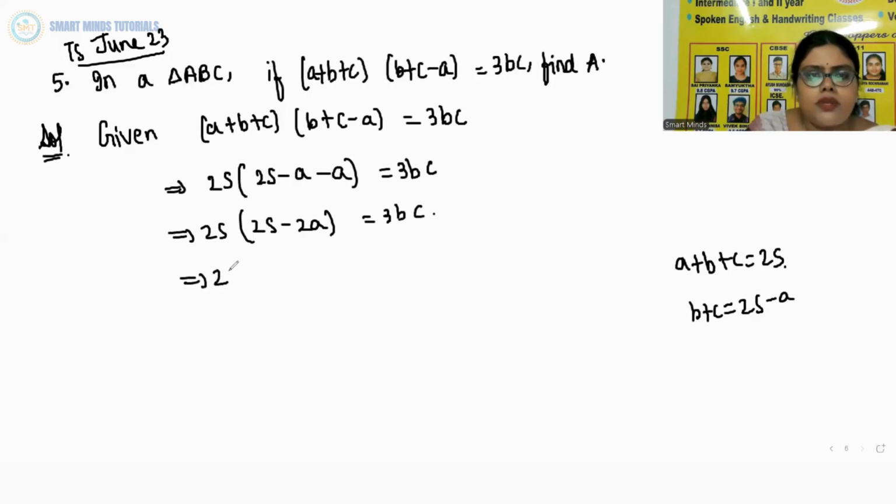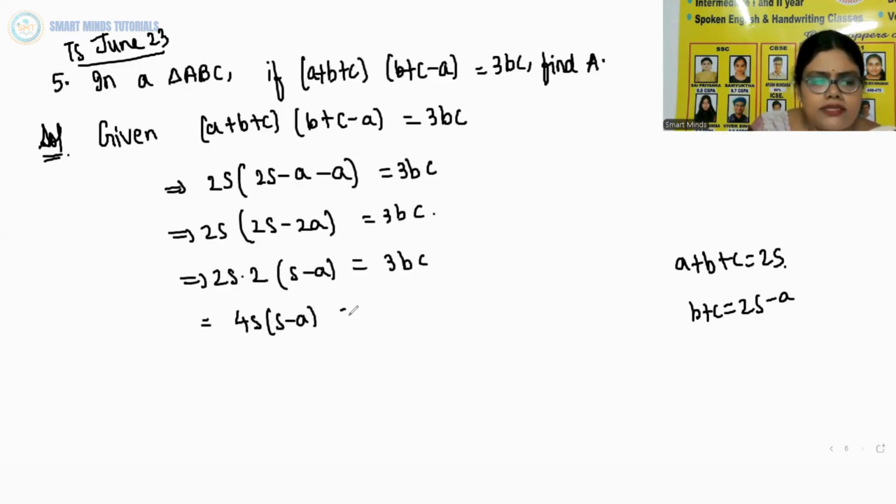So that is 2S into 2 if we take common, (S minus a) is equal to 3bc. So this is 4S into (S minus a) is equal to 3bc. Now we bring bc this side and 4 that side. So we will get S into (S minus a) by bc is equal to 3 by 4.